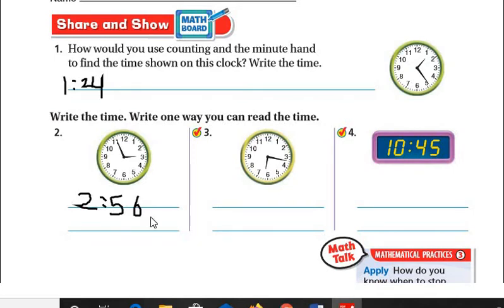And look carefully. 2:56. So we can say 56 minutes after 2. Or can we use the word before? Yes, we have to use it to understand it well.